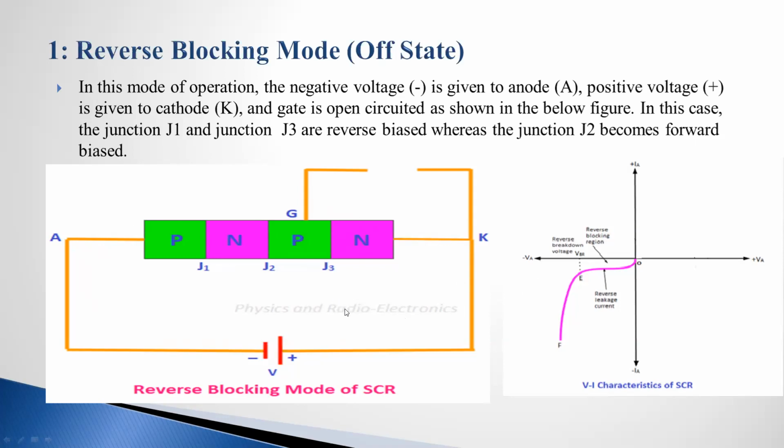It is not a safe operation. The voltage level at which the breakdown occurs is called the reverse breakdown voltage. Please remember this point. This is the reverse blocking region, and this current is called the reverse leakage current.